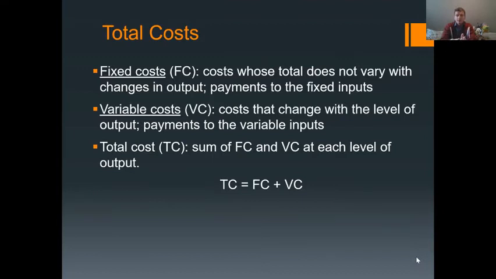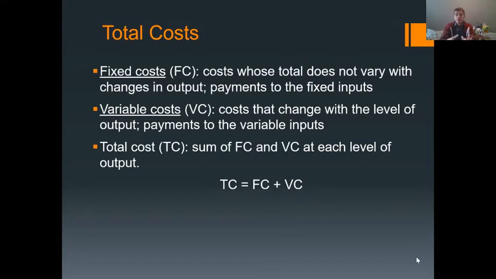So important things to know, the fixed cost doesn't vary as you have a change in output, which makes sense. It's fixed in the short run. In the long run, you can change it, but in the short run, it will always stay the same. So these are payments to fixed inputs. So your fixed input being your factory size, like your rent, that is a fixed input. So that is your fixed cost, paying your rent.